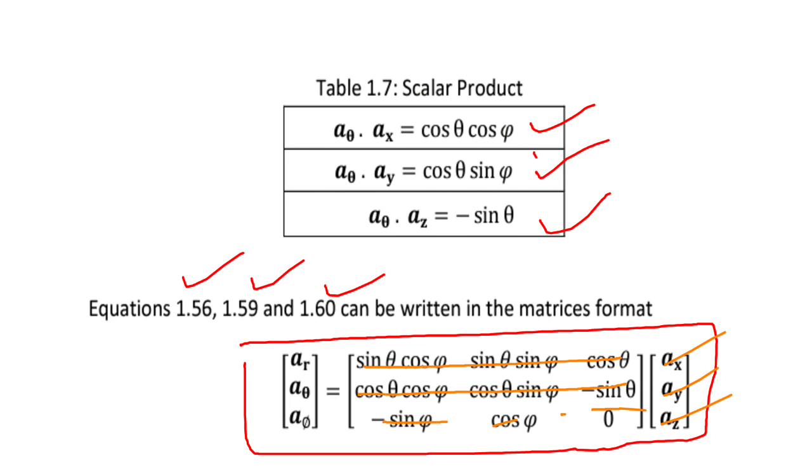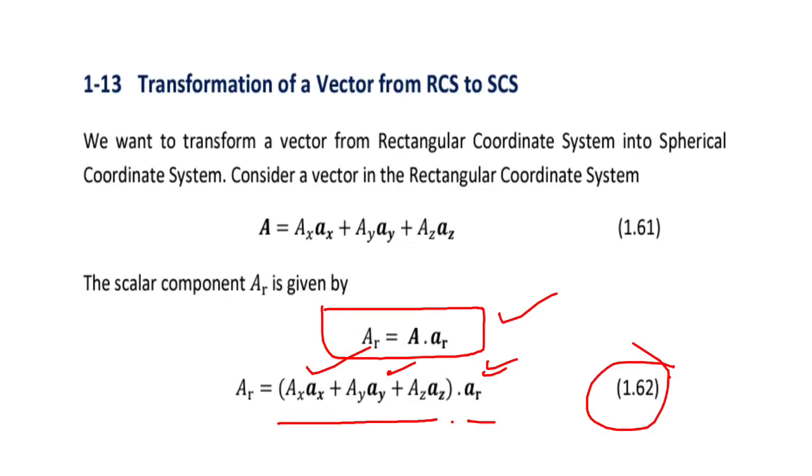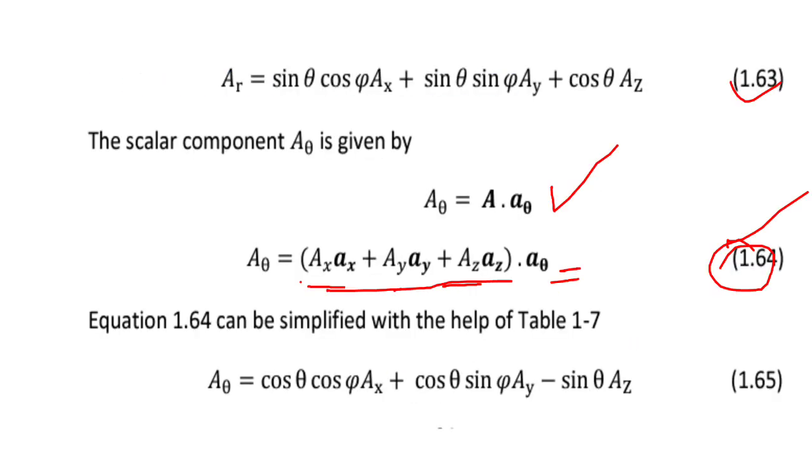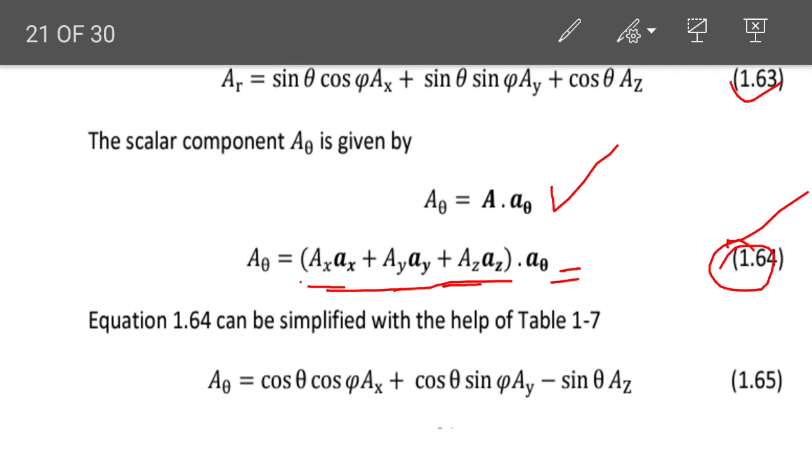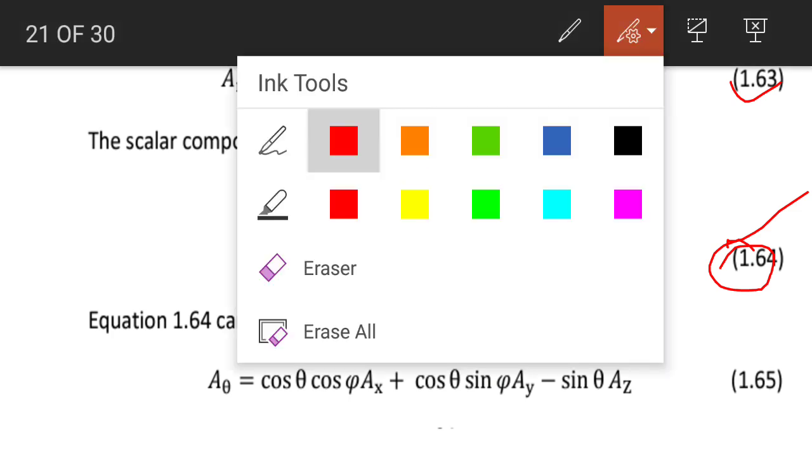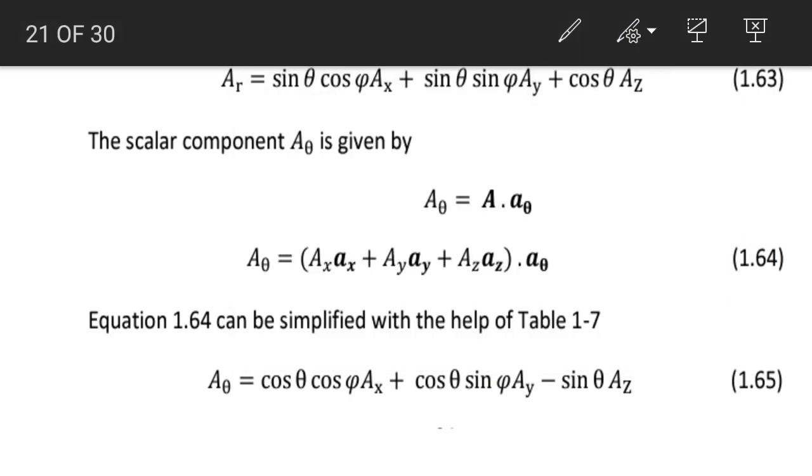So we have A theta dot AX, which is cos theta cos phi. A theta dot AY results in cos theta sin phi, and A theta dot AZ results in minus sin theta, right? So let us simplify the right hand side of equation number 64 with the help of table number 1.7. So AX dot A theta is equal to cos theta cos phi.